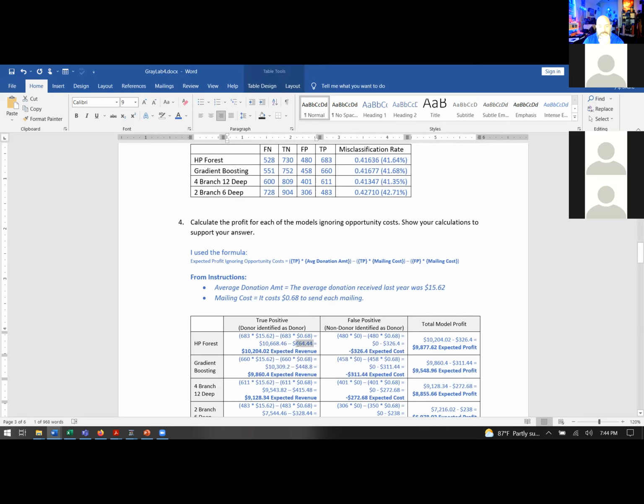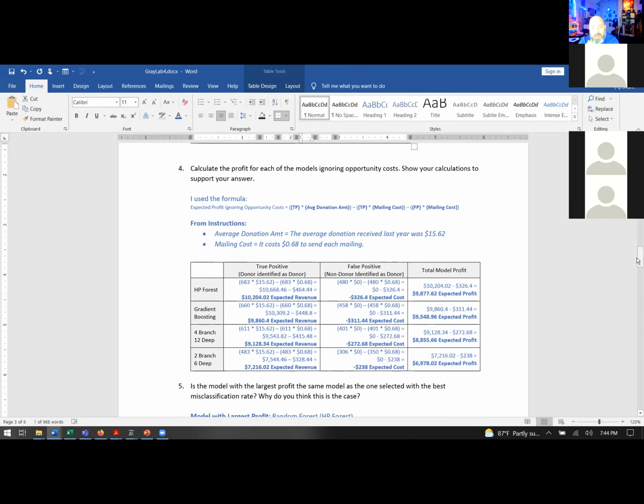Using an average donation, this is how much it would cost us to mail, which means this is how much revenue we should expect. And then I did the same thing for the false positives. So 480, right? Multiply that by 0 because we make no money, so that's just for showing the math, but it still costs us money to send them stuff. So this is just going to cost us money. And then at the end, you get your expected profit.